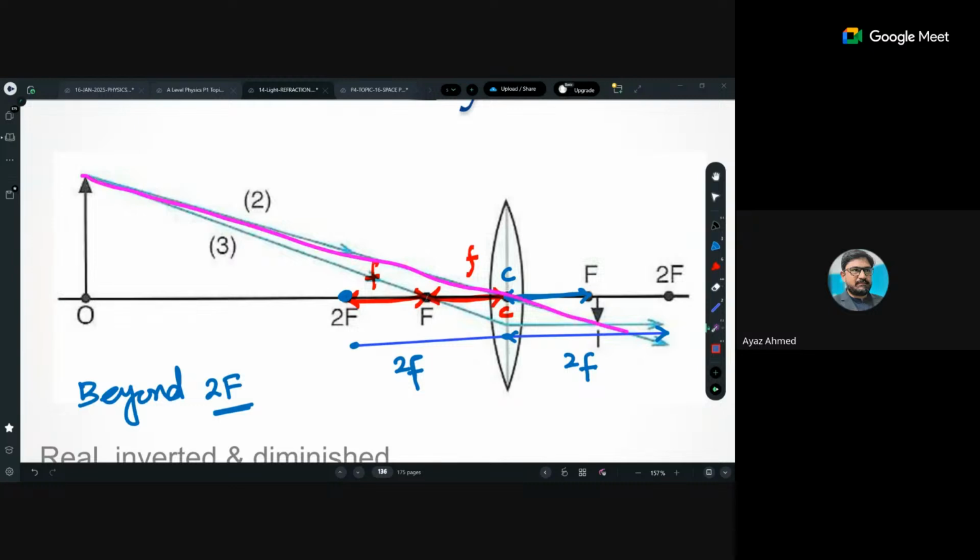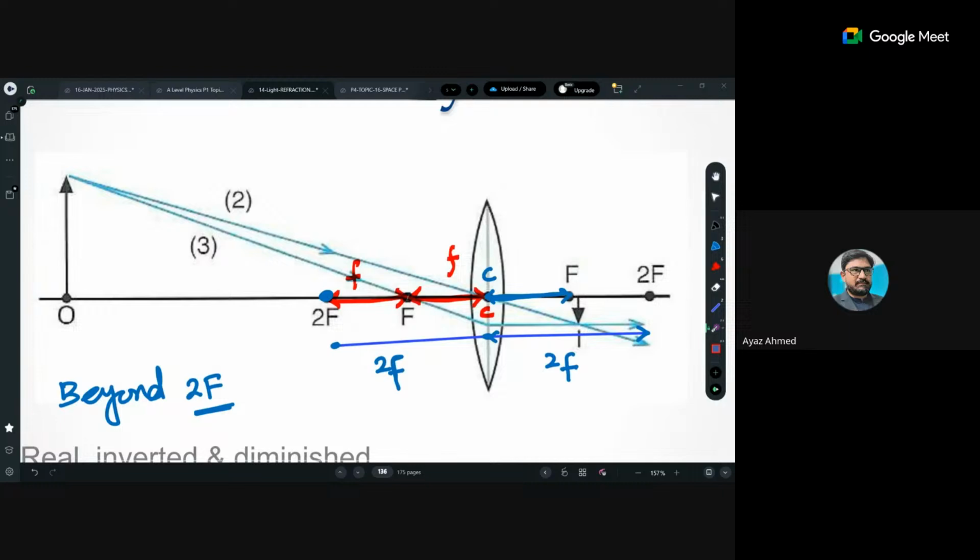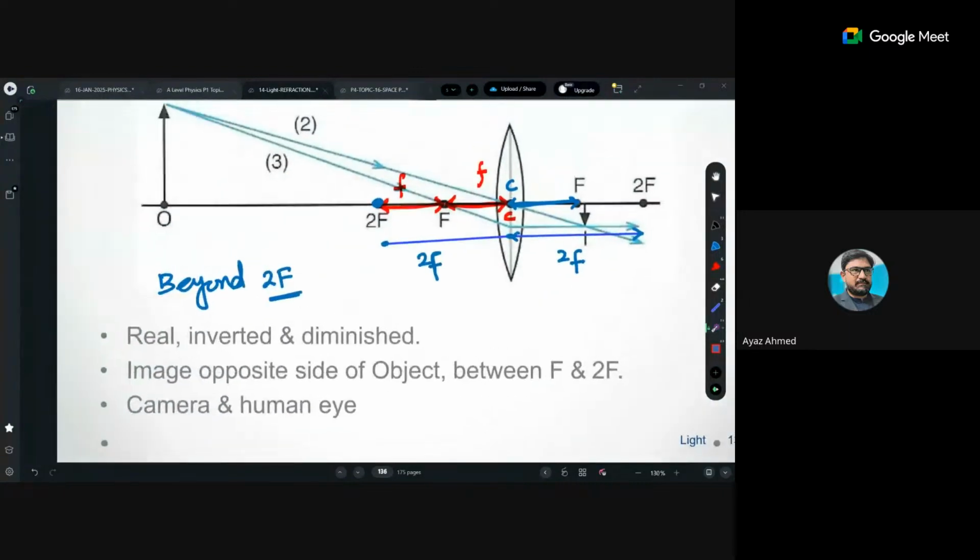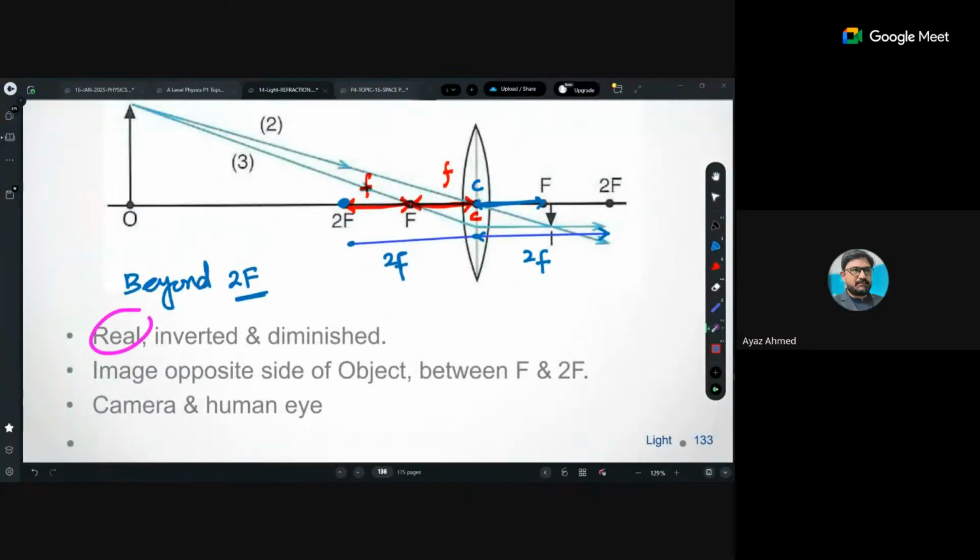The first ray passes parallel, passing unbent. The second ray passes through F and becomes parallel. When they intersect each other, here you get the head of the image. Do you see that this image is real and inverted?